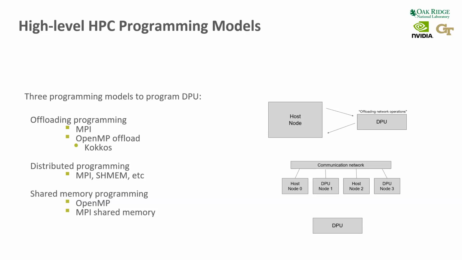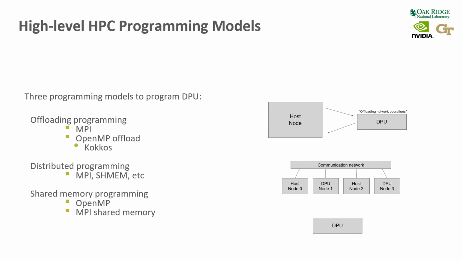So you can map ranks to the host and the DPUs, and then each will communicate through MPI. So it's not a hierarchical view like an accelerator host mode. It's more like a horizontal view of the model, where everything is mapped in the context of ranks, or processing elements in the context of SHMEM.